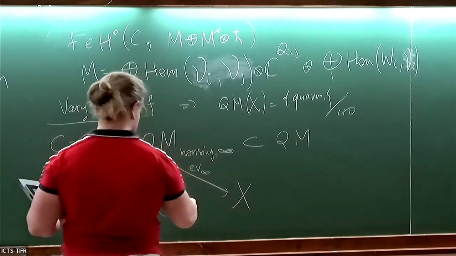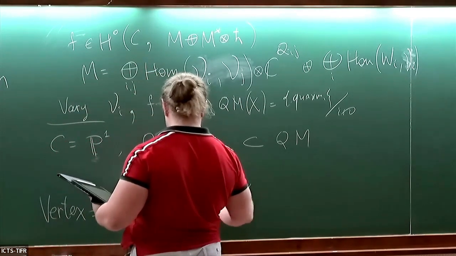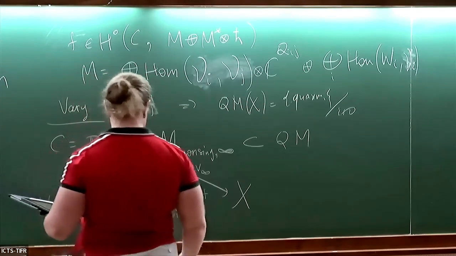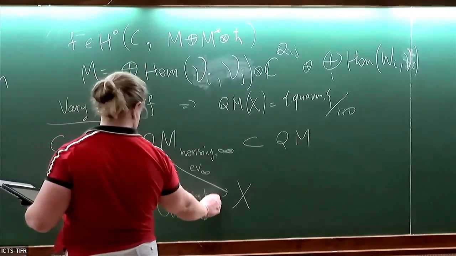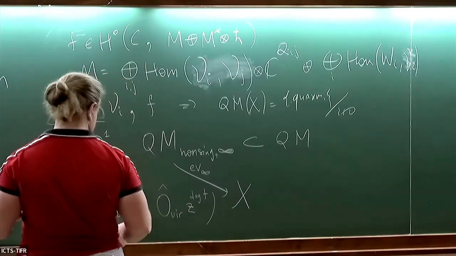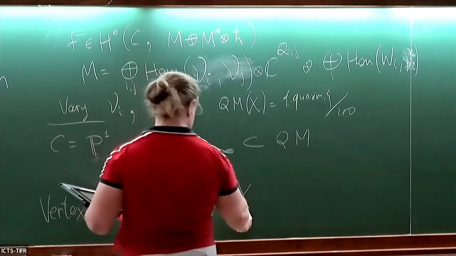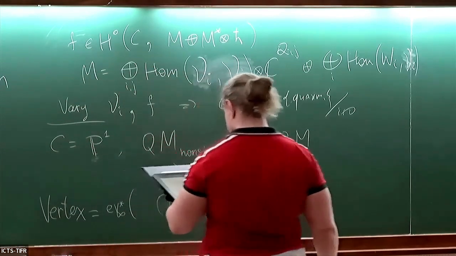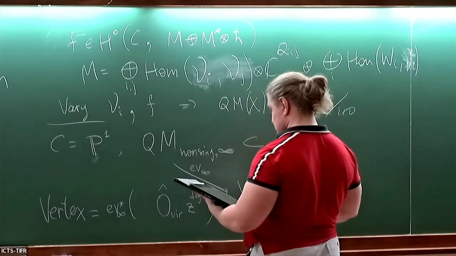There's a weight that measures the degree of the quasi-map. So it's a structure sheaf on the moduli space, and as you take the push forward, you get some element of the K-theory of X.